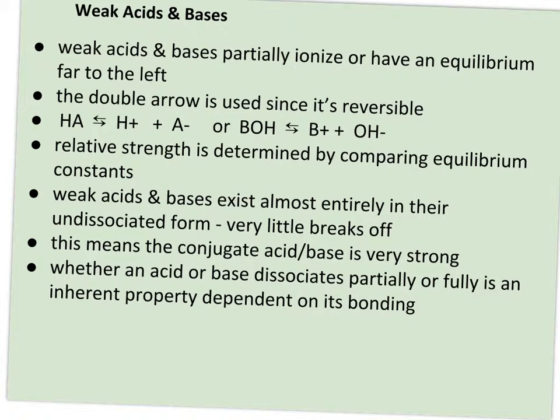So how do you know if an acid or base is strong or weak? Well, it's completely a property dependent on its bonding, and ironically, the strong acids or bases have a weaker bond, so they fall apart more readily, and the weak acids or bases have a stronger bond holding them together.